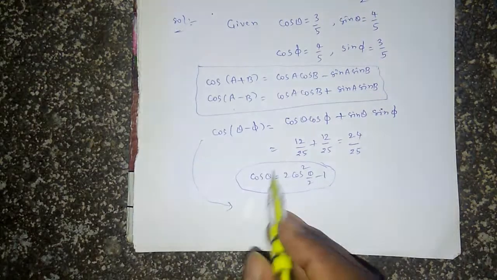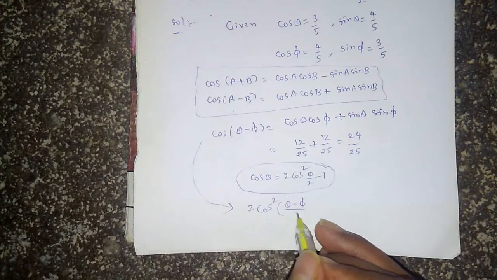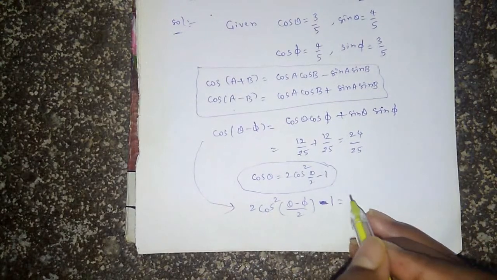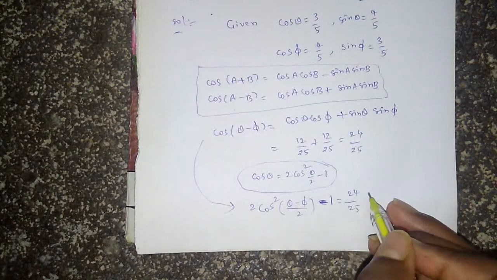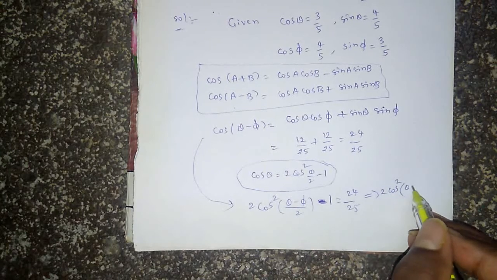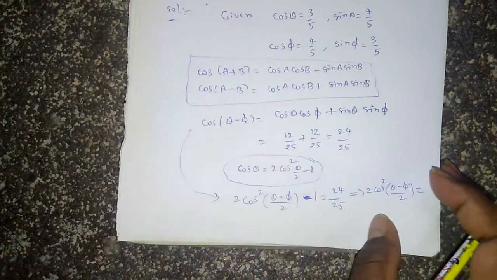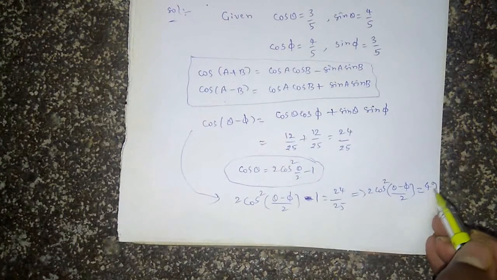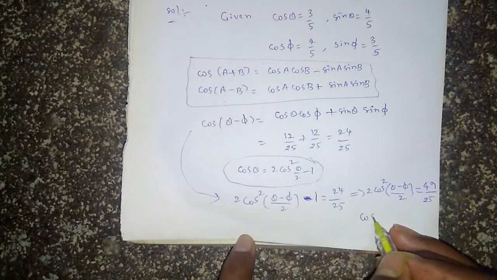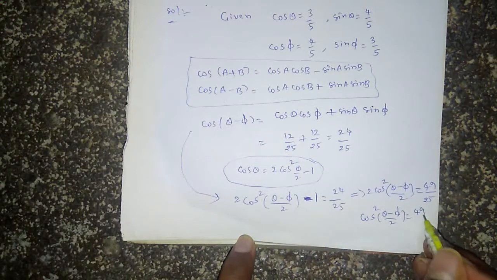I can write this as 2 cos square theta minus phi by 2, that is equal to 24 by 25, implies 2 cos square theta minus phi by 2 is equal to 1 plus 24 by 25, that is equal to 49 by 25, implies cos square theta minus phi by 2 is equal to 49 by 50.